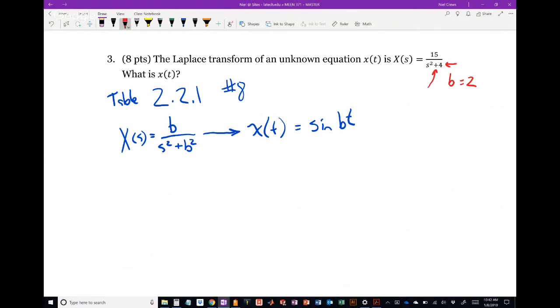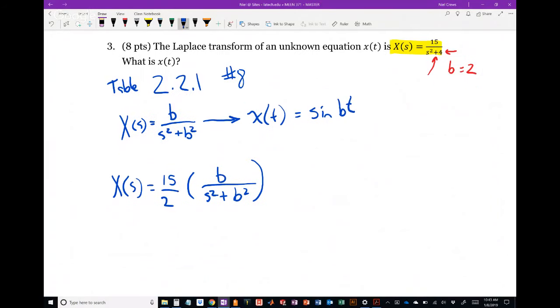Okay, so from there, going back to here, our original equation, I say x of s is going to be 15 over 2 times b over s squared plus b squared.